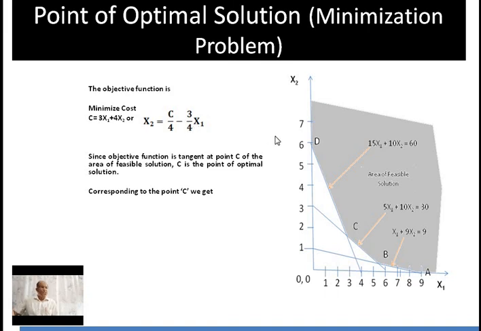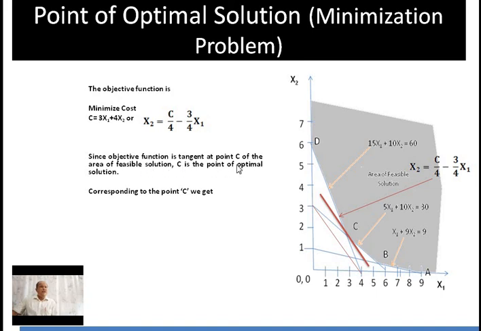By plotting this objective function, we get this objective function, and shifting it in such a way that it becomes tangent to the area of feasible solution, we get this objective function. So this objective function is tangent at point C.